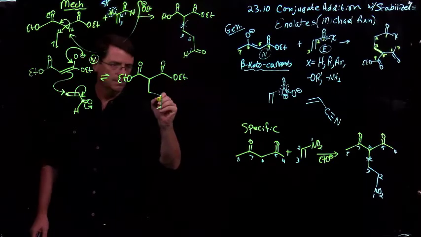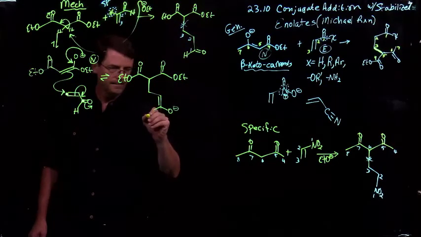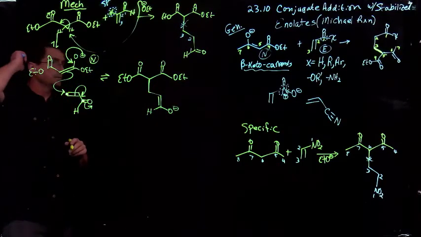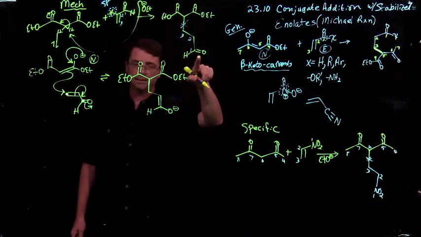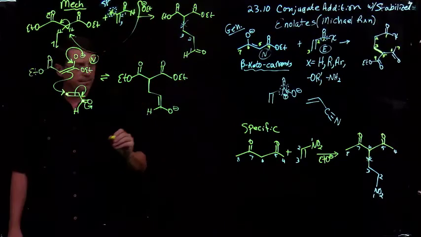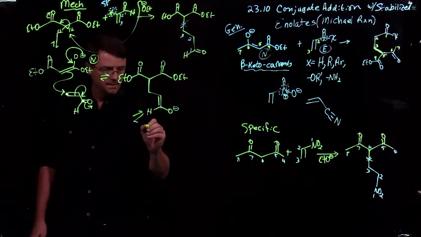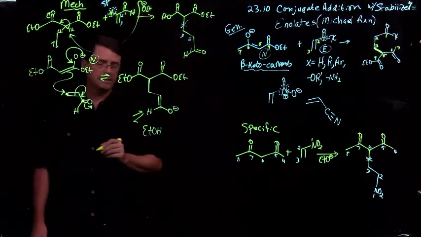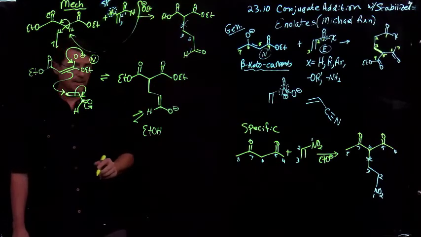Follow my arrows, I make the enolate here. Now, the product is not the enolate, but the aldehyde, and of course we know there's an equilibrium between aldehydes and this is a non-stabilized enolate.